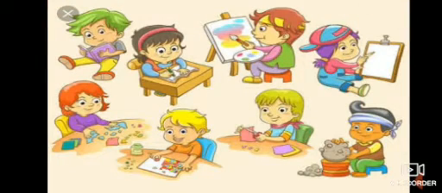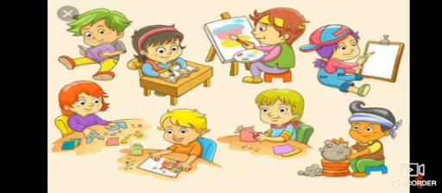Okay, in this slide you're going to see a few activities and you can frame one sentence on each activity. For example, one boy is painting on the board, another boy is reading a book, right? If I ask you to frame the sentences, of course you're going to frame them in the present continuous tense.